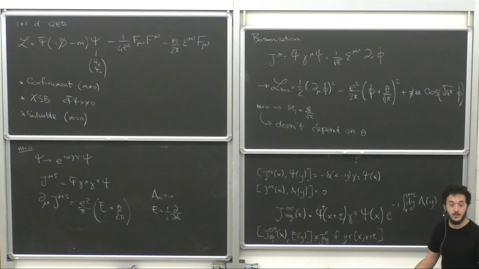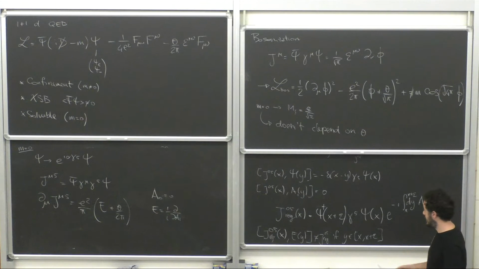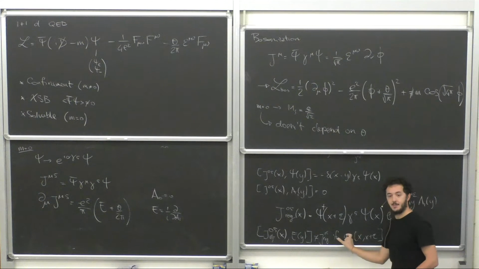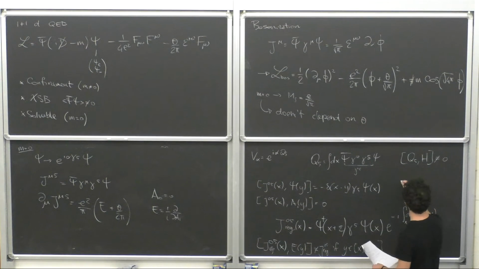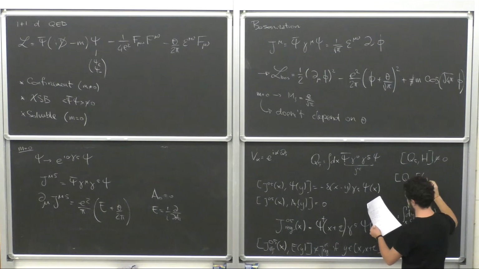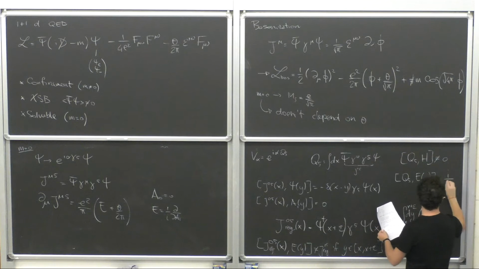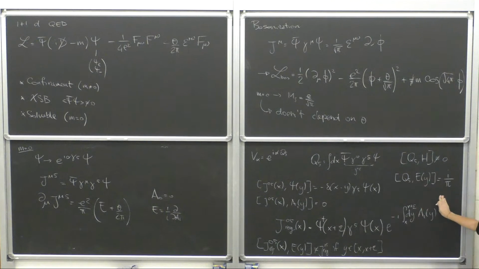So this is not just some epsilon effect. This actually becomes an order 1 effect. And the final result is that Q5 and the electric field do not commute in the epsilon to 0 limit.